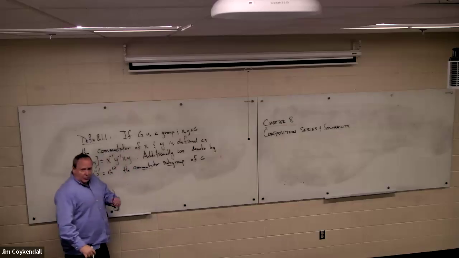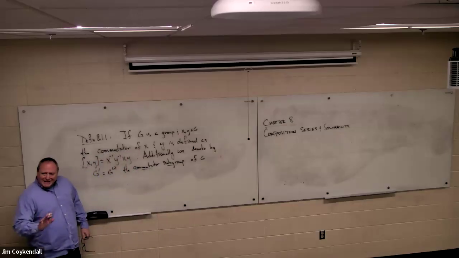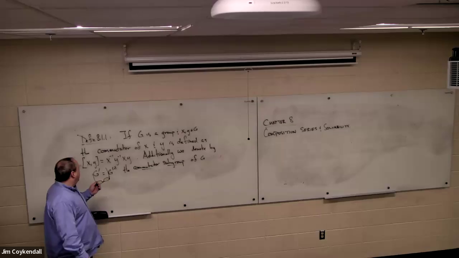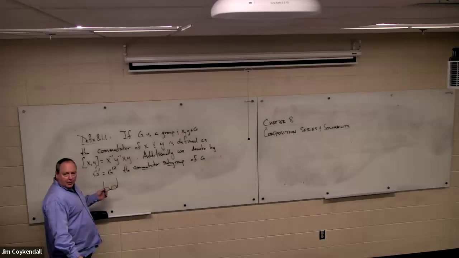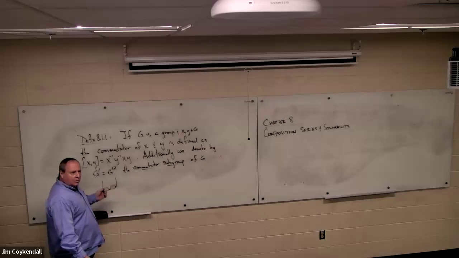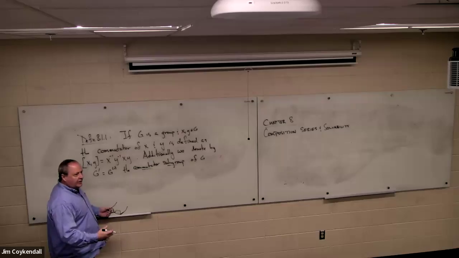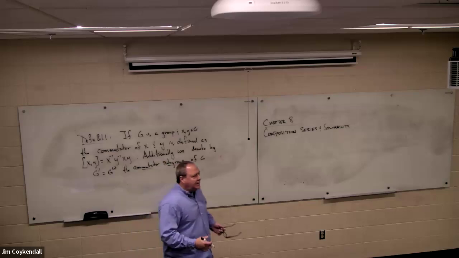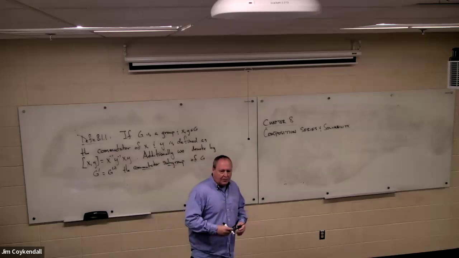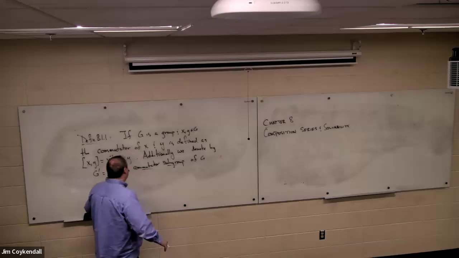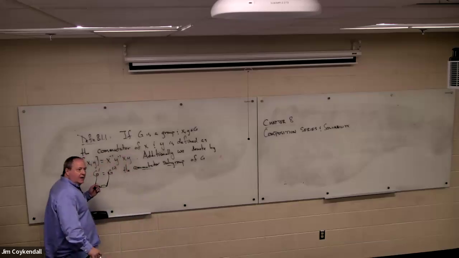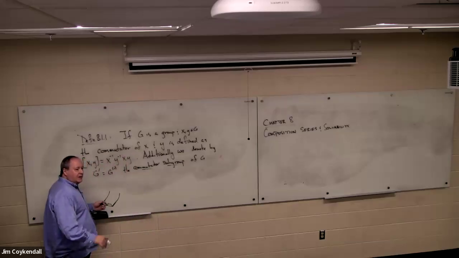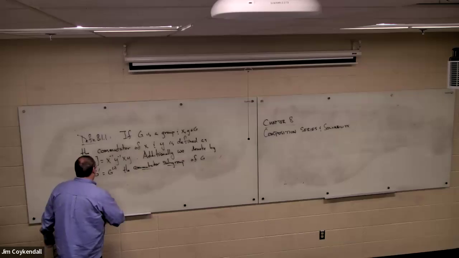Now, this is why this was in the homework earlier. We've got to be a little careful here. The commutator subgroup is, don't think that this is just the group consisting of all commutators, because here's the problem. Commutators do not form a subgroup. So what the commutator subgroup is, is the smallest subgroup of G that contains all possible commutators.